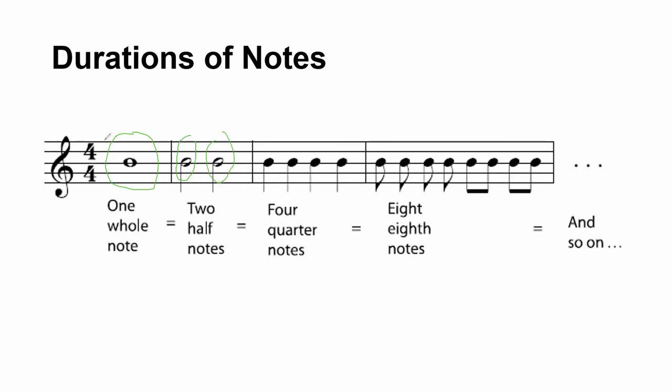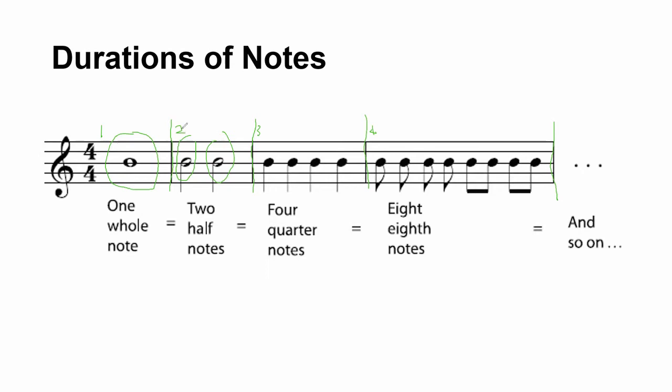Notice the bar lines. In each bar, you have a certain number of notes, but there are different types of notes in each bar. This is the first bar, second bar, third bar, or measure, some people call it, fourth bar. In the first bar, you have a whole note.